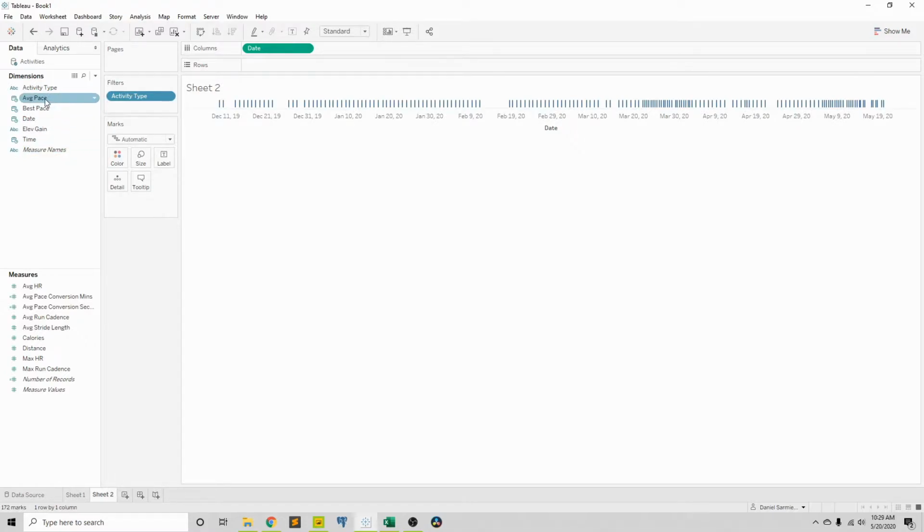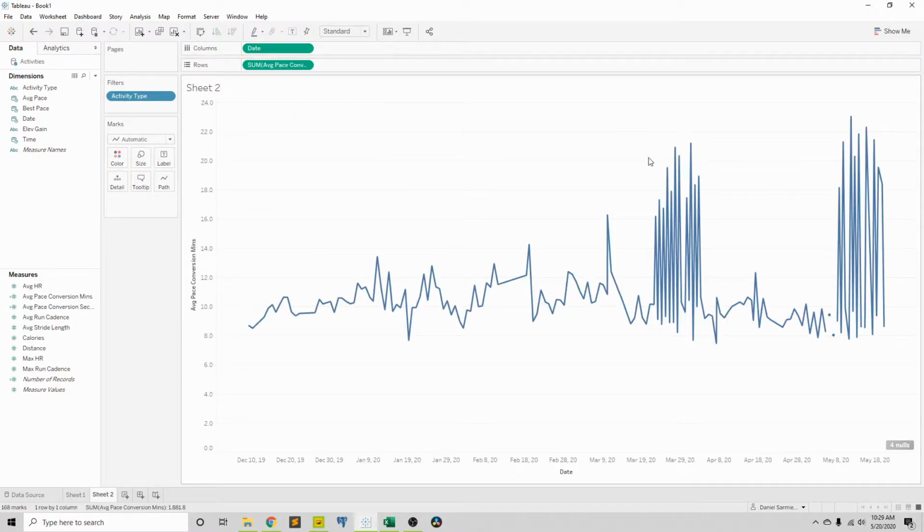And let's look at the average pace conversion minutes. I have some stuff over here. I don't need to see if I'm walking with my kids, basically speaking. If I'm taking more than 15 minutes to do a mile, then that is a walk. So I can filter this.